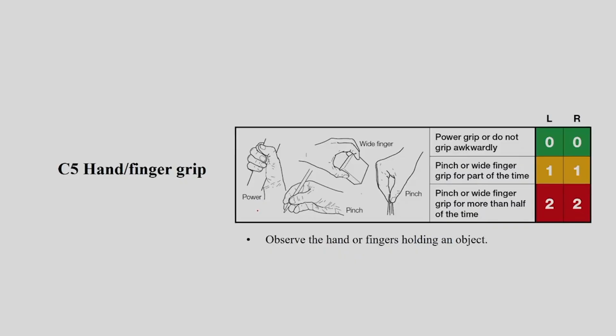Here also you can see the example. This is very easy to hold, whereas holding this takes a lot of pressure, right? That is why this is on the higher side. So this is C5. Under C you have C1, C2, C3 and C5.